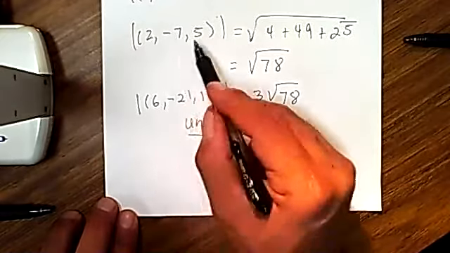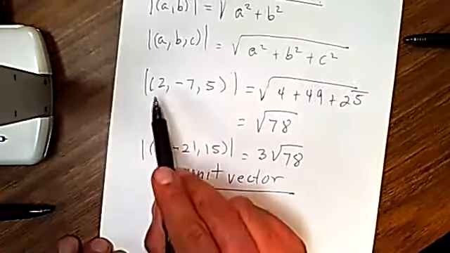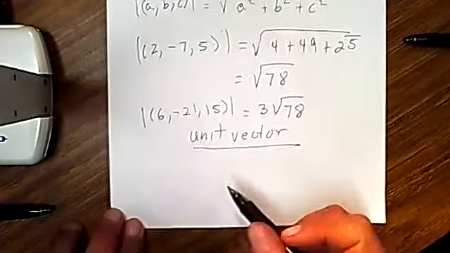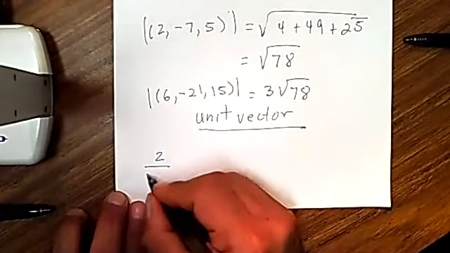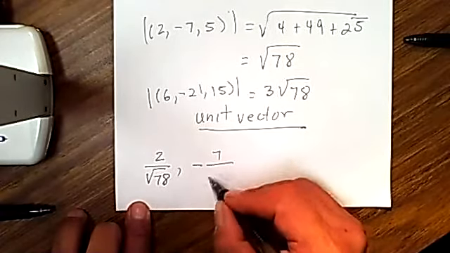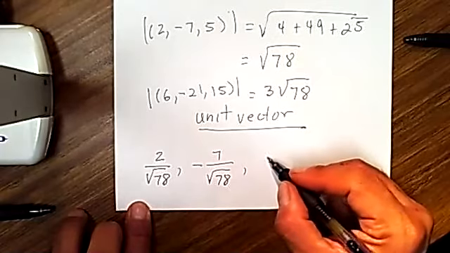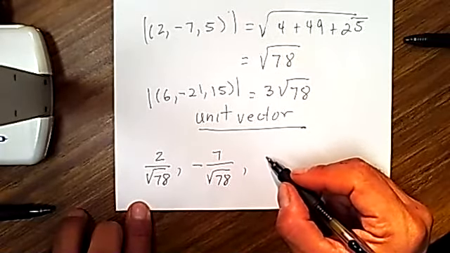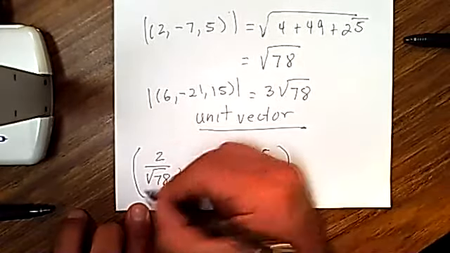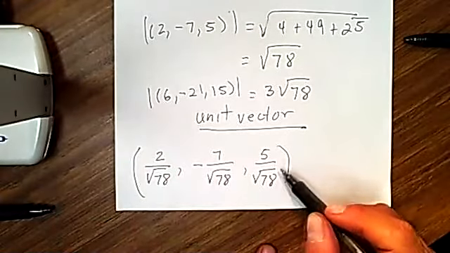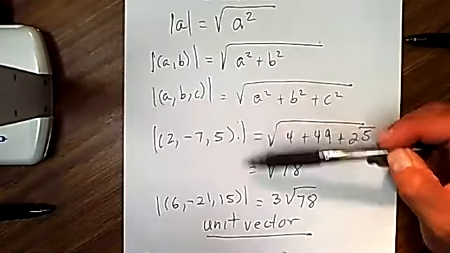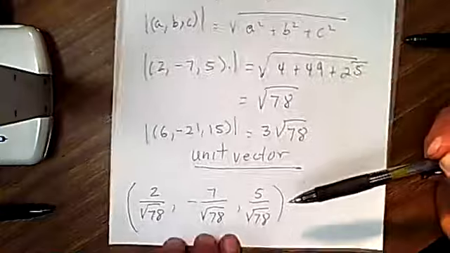So the unit vector associated with those two, let's start with the simplest one, this one. If we divide each one of those by the square root of 78, we end up with 2 over the square root of 78, comma, -7 over the square root of 78, comma, 5 over the square root of 78. That is a unit vector with exactly the same direction as those two vectors, but with a length of 1.